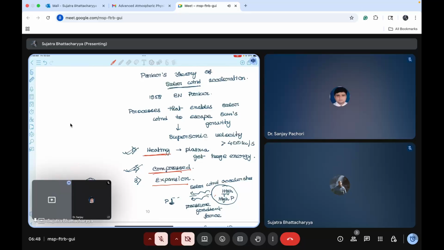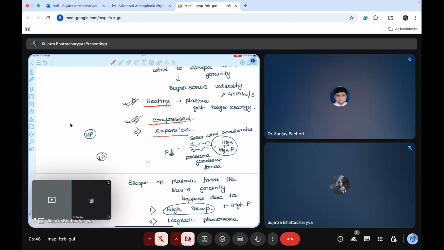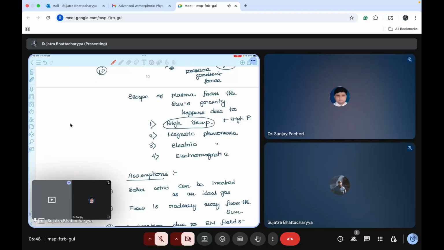Majorly the sun's gravity and the pressure gradient play an important role. Of course, the electromagnetic part will also come. These are the magnetic, electric and electromagnetic effects, but they are very negligible compared to the pressure gradient force or acceleration and the sun's gravity.